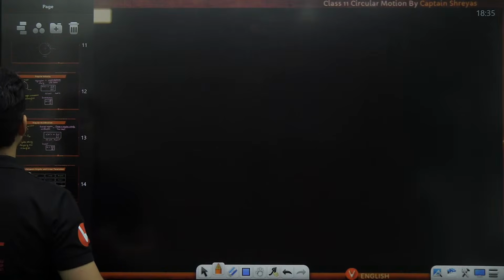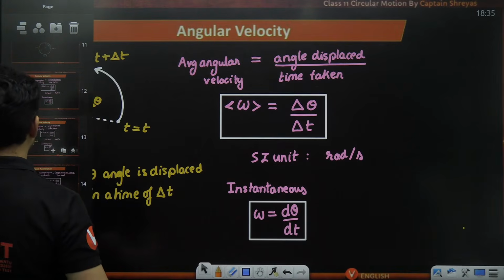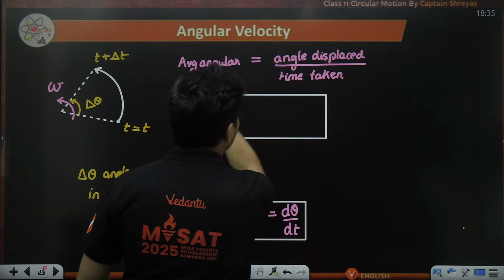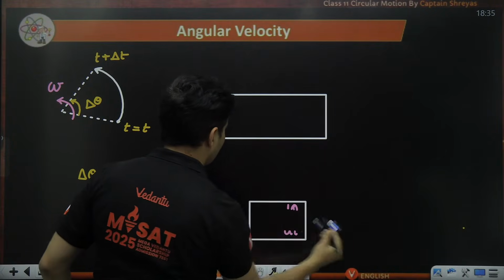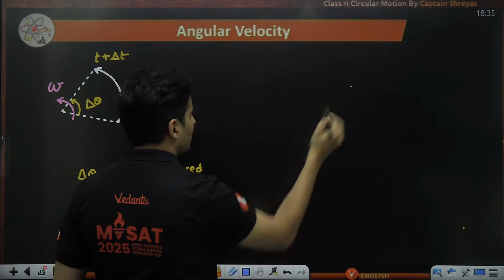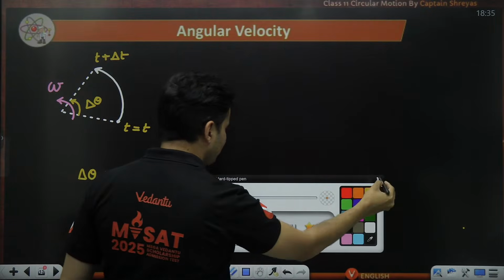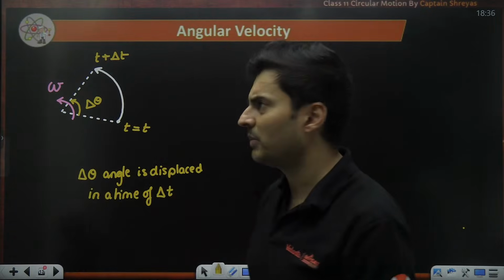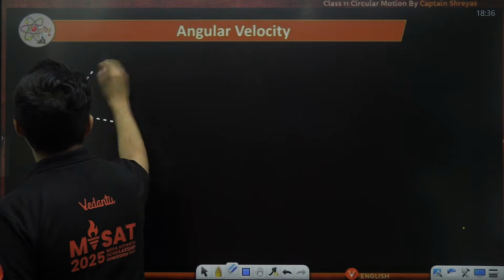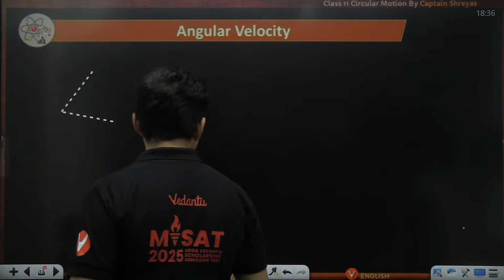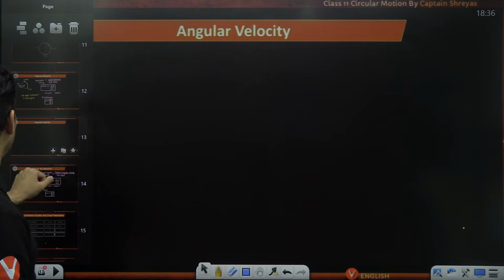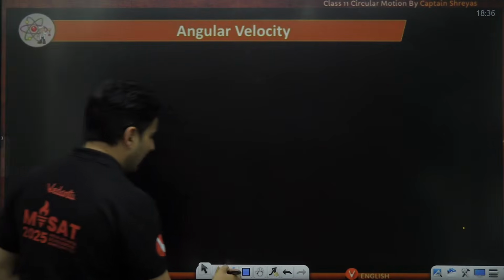There is one thing I wanted to mention in angular velocity, and that is something called frequency. You can say frequency or rounds per minute. Sometimes the unit used is not radian per second, rather it could be RPM or hertz. So what to do in that case?